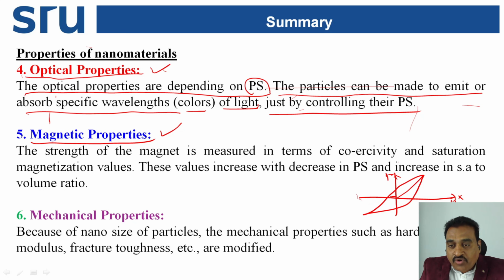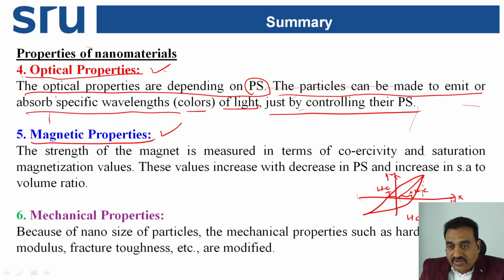From this point to this point it gives the coercivity Hc, or this point to this point, plus Hc, coercivity. The strength of the magnet is measured in terms of coercivity Hc and saturation magnetization.